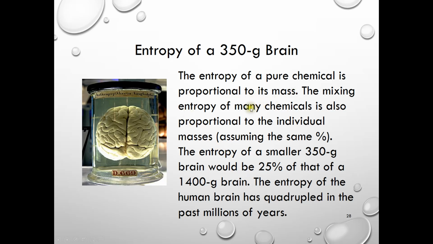The mixing entropy of many chemicals is also proportional to the individual masses, assuming the same composition. Therefore, the entropy of a smaller brain with 350 grams would be just 25% of a bigger one. The entropy of the human brain has quadrupled in the past millions of years.